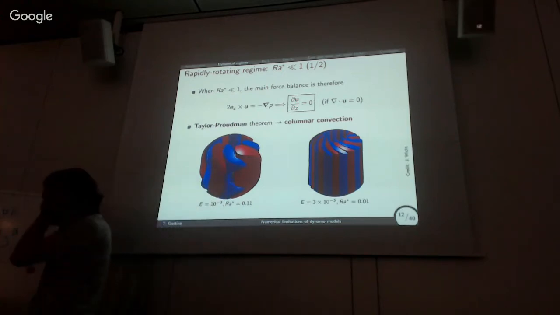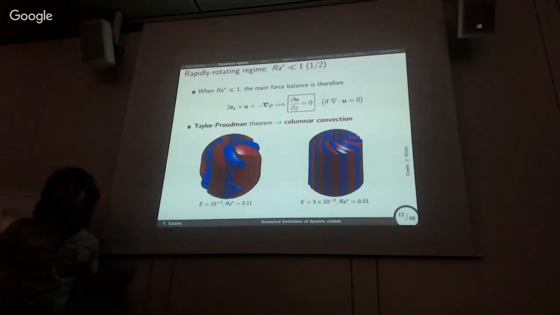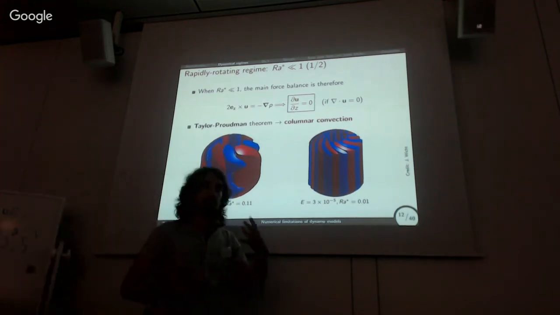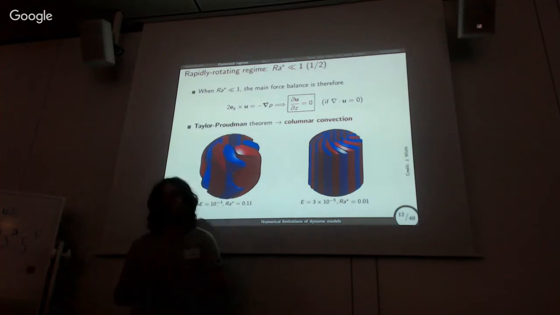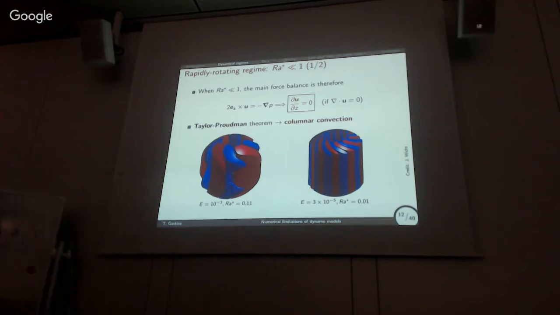This is the so-called Taylor-Proudman theorem, and what it tells you is that the flow is going to be independent of any variation along the axis of rotation. As a consequence, convection will take the very peculiar form of columnar structures aligned with the rotation axis. And here are two examples provided by Johannes.